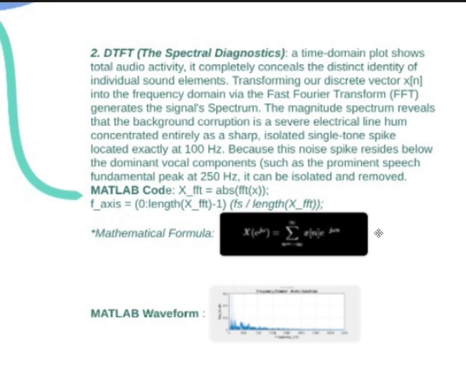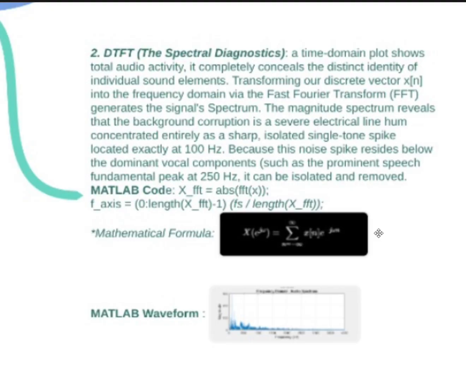Our frequency domain plot reveals a dominant sharp interference spike located precisely at 100 Hz with a magnitude approaching 300, identifying it as a low frequency electrical line hum.